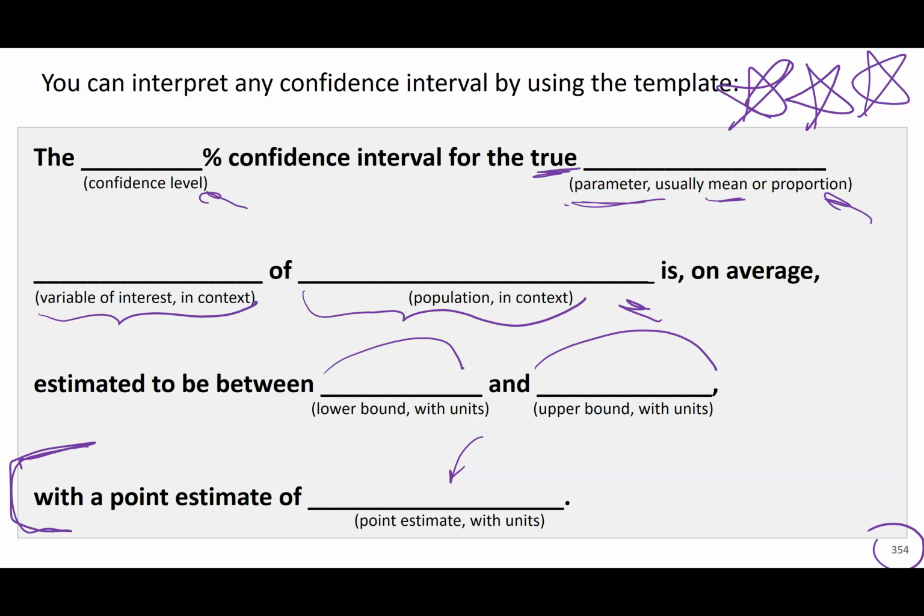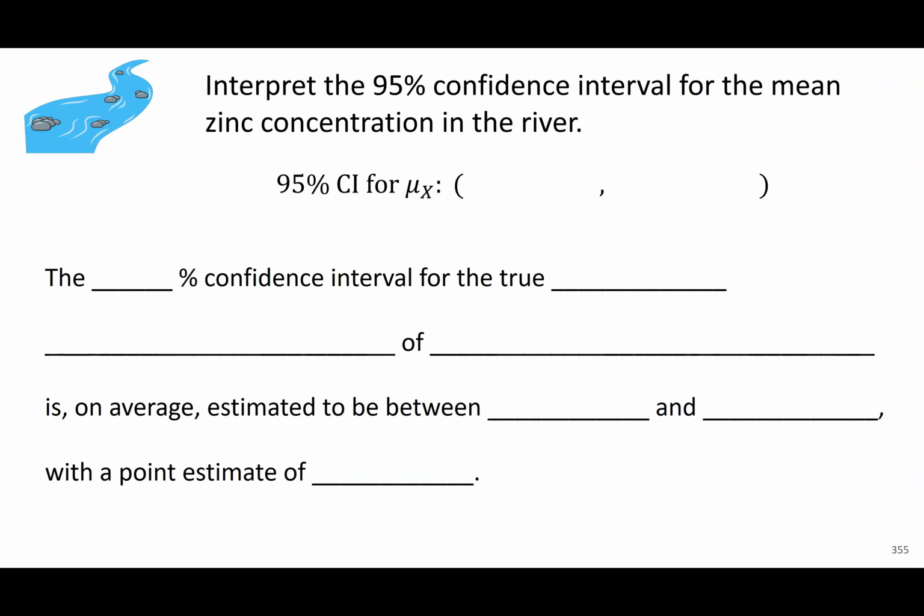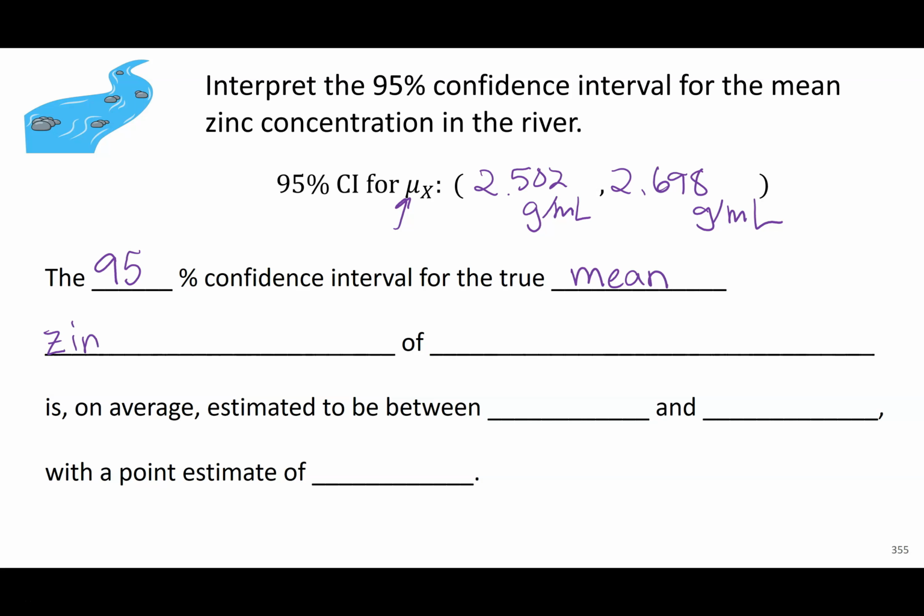Now we're going to apply this to the river example. Here you see 2.502 grams per milliliter and 2.698 grams per milliliter. For me, it's really easy to plug in the 95 first. The 95% confidence interval for the true, and I'm looking at a mean, so the true mean. It's okay if you write average, that would be fine as well. Then the variable of interest, zinc concentration.